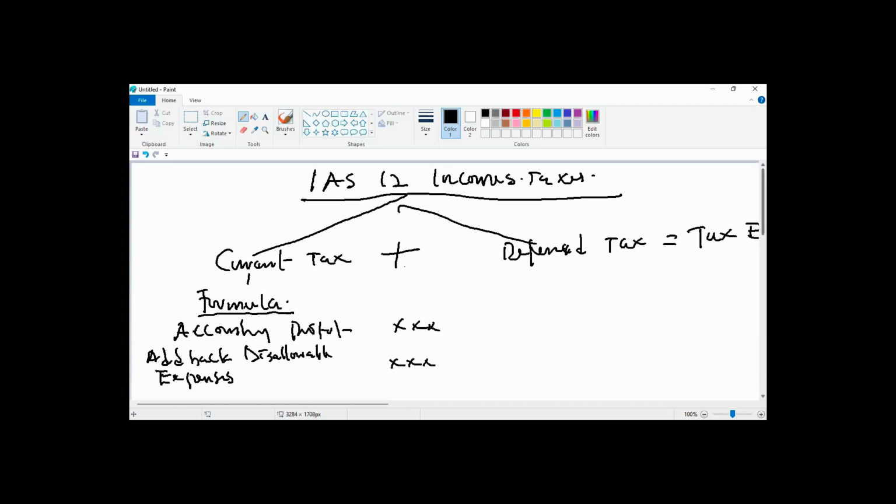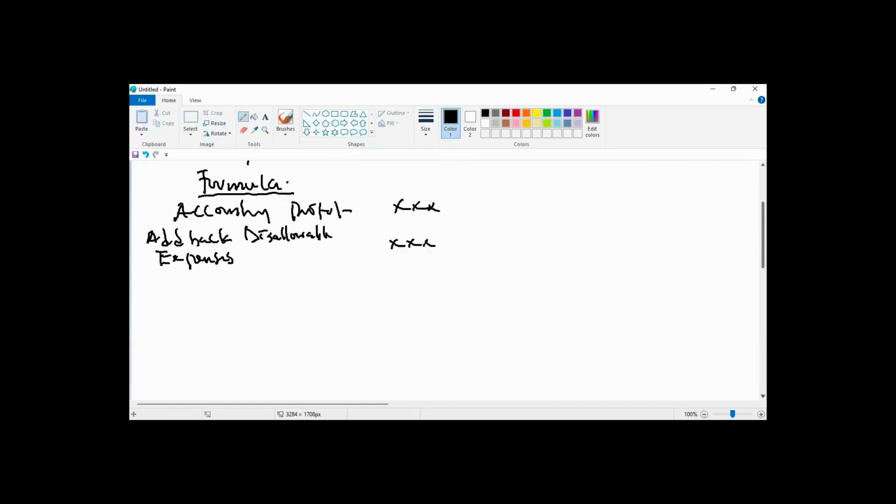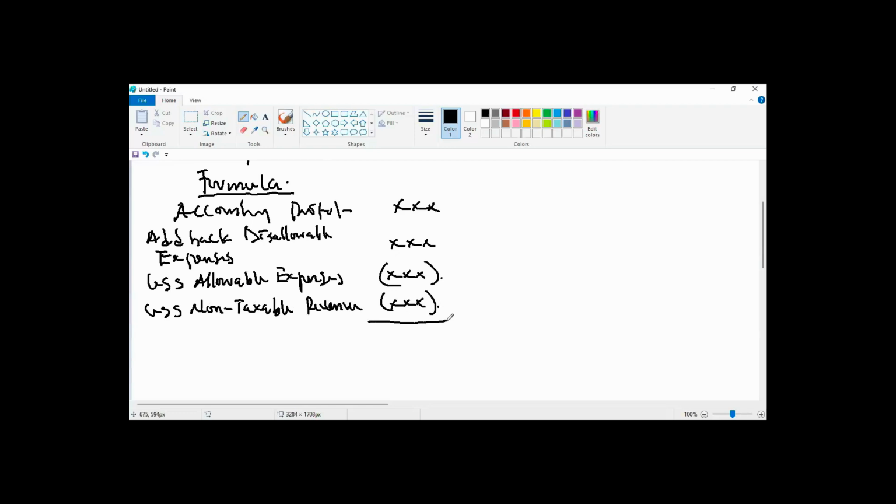Immediately I add all disallowable expenses, I will deduct allowable expenses. Then I will also deduct non-taxable revenue, like franked investment income and co. This will now give me taxable profit.